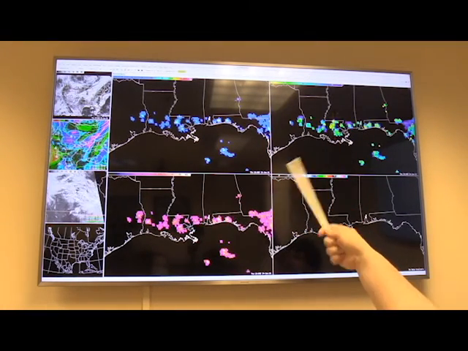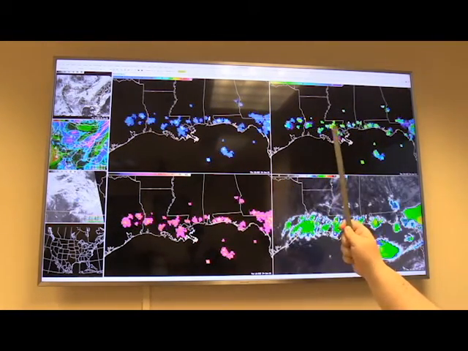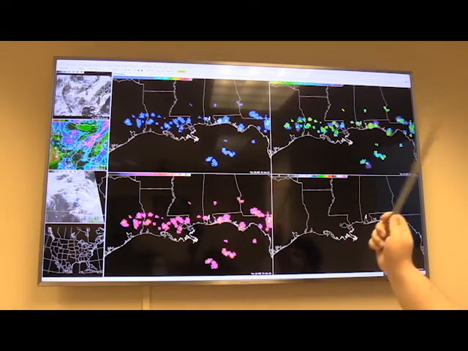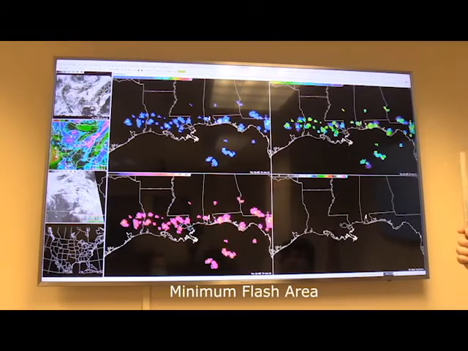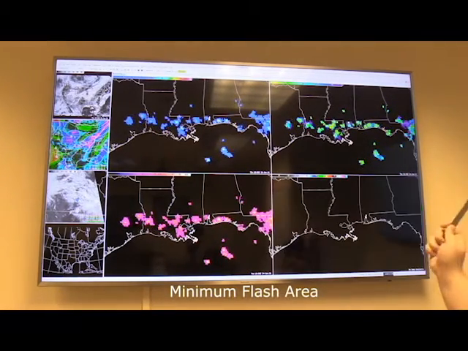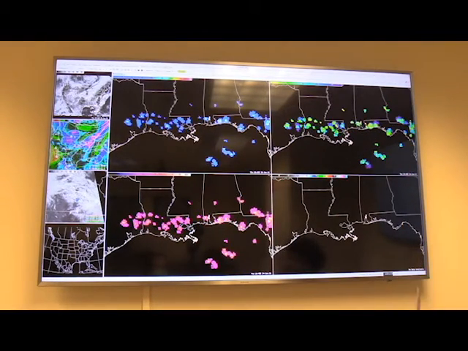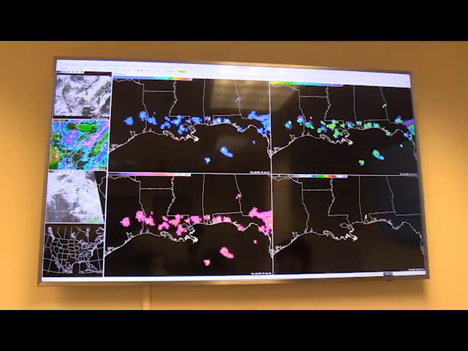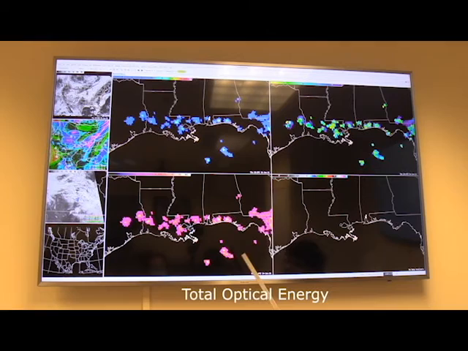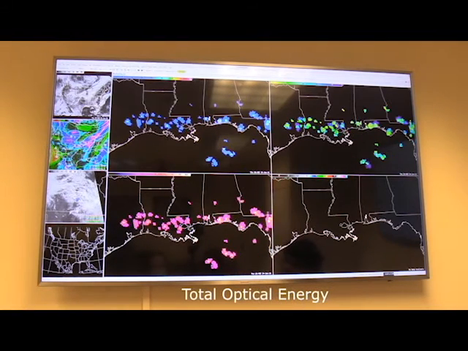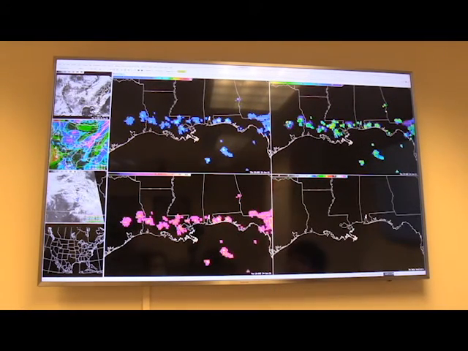Flash extent density, the one you just saw, is up in the top left, so that's the number of flash counts. Minimum flash area is in the top right, so that's the size of the smallest flashes, and those smallest flashes usually indicate your strongest convection or the core of your updrafts. And the total optical energy is in the bottom left, and that's essentially just how bright those flashes are.